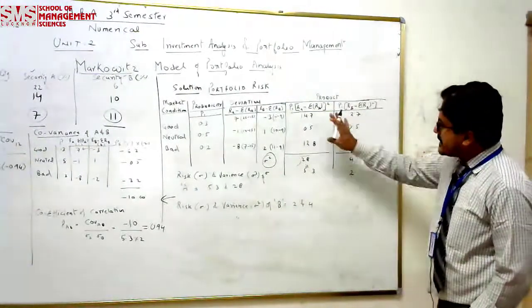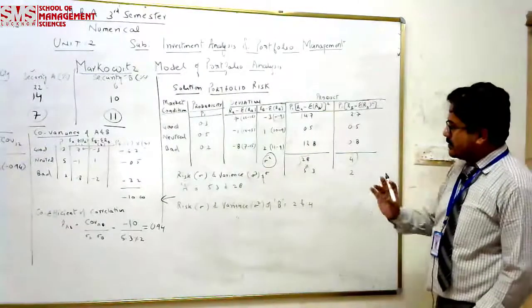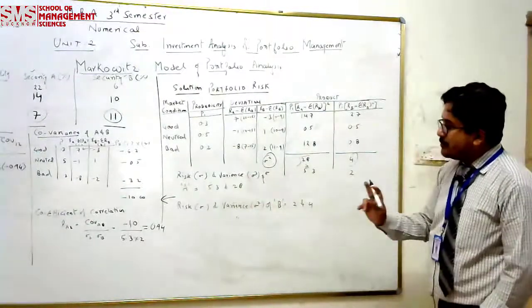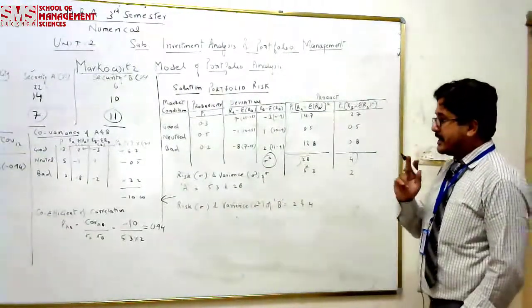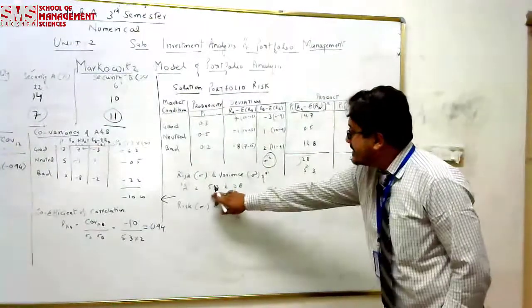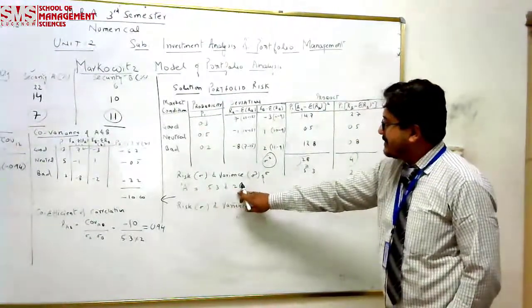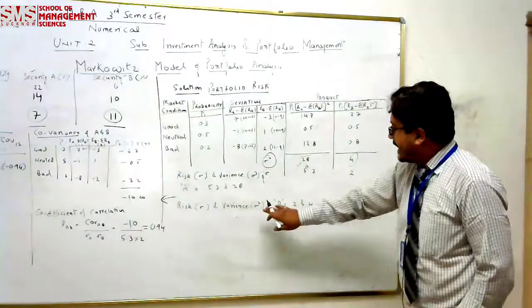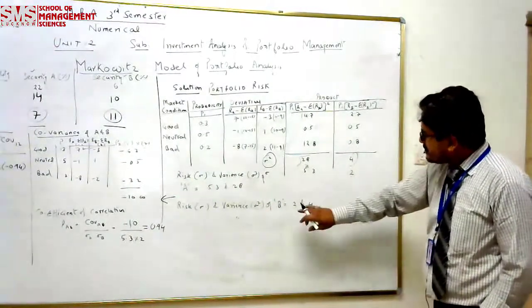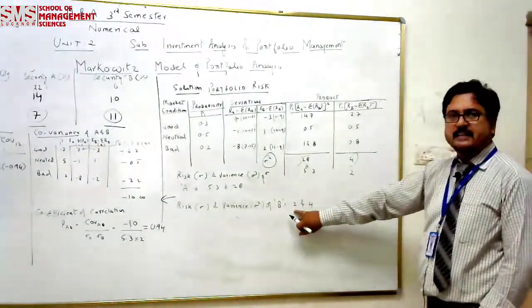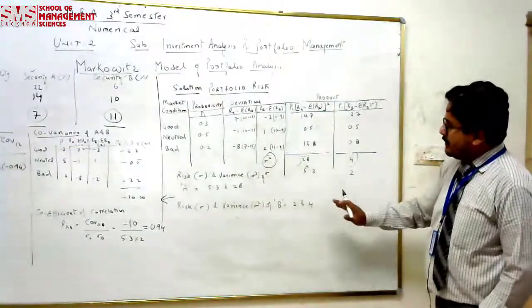Now from this calculation we are able to find the risk and variance of both securities A and B. In this case 5.3 is the risk and 28 is the variance for security A, and for security B, 2 is the standard deviation, that is risk, and 4 is the variance.